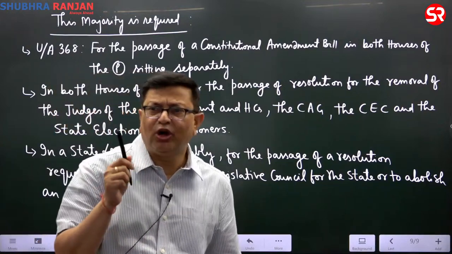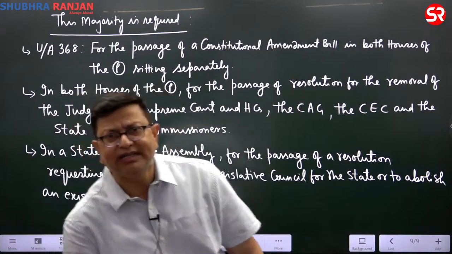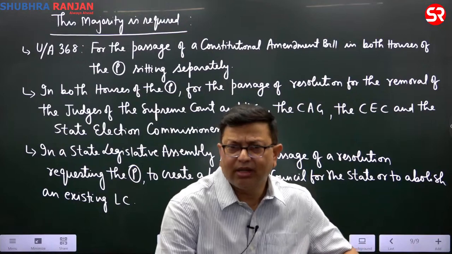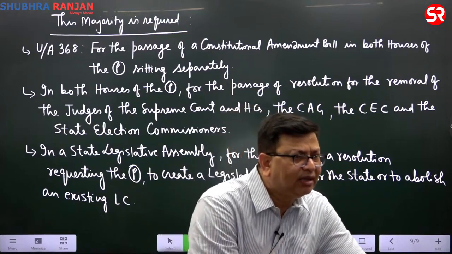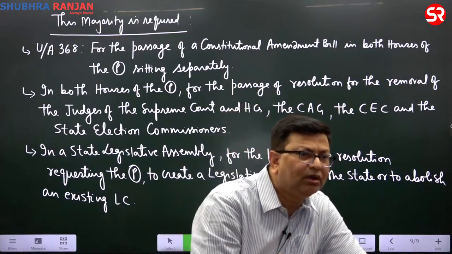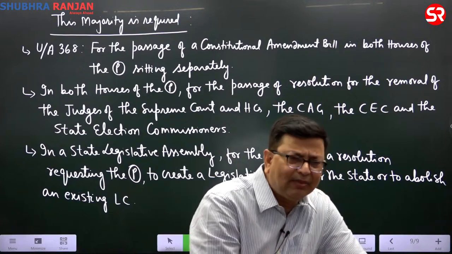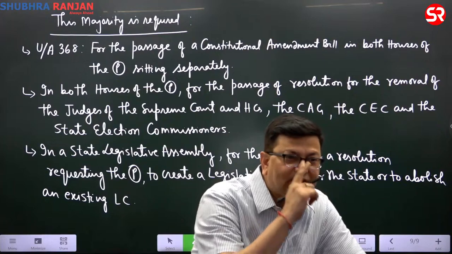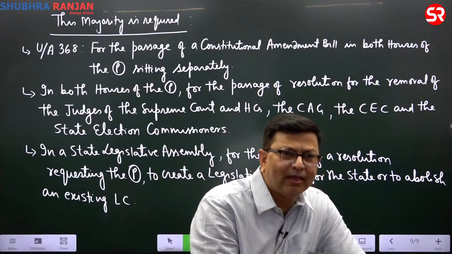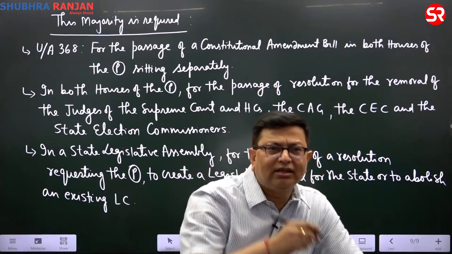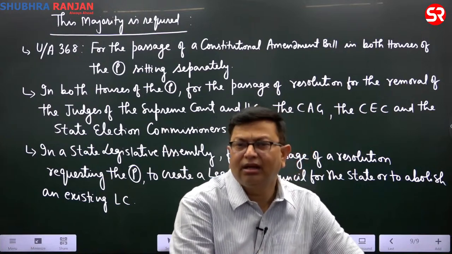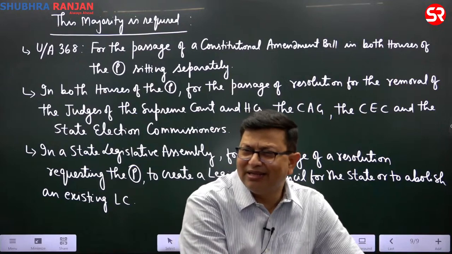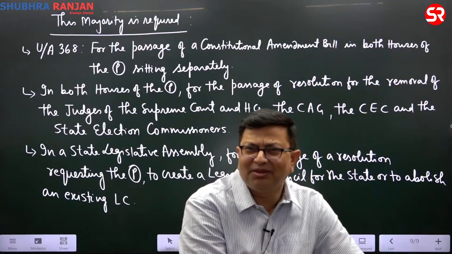How many of you belong to the states where we have got legislative councils? You belong to which state? Uttar Pradesh. You? Tamil Nadu. Tamil Nadu doesn't have a bicameral legislature. They have got only one house, that is the Legislative Assembly. You belong to which state? बिहार. आप? छत्तीसगढ़ में नहीं है लेजिस्लेटिव. बनाना है तो बोलो, मैं अभी बना देता हूं.